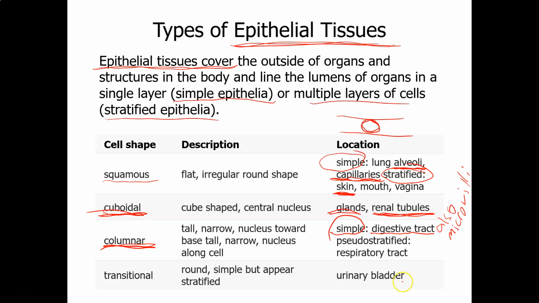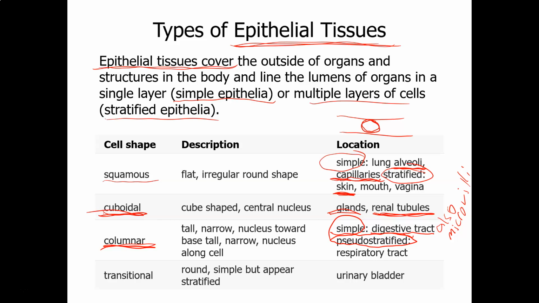And then we have pseudostratified, which is really not layers, but the cells are different shapes and sizes, so they appear layered. However, all of the cells in pseudostratified epithelial tissue touch the basement membrane or the bottom of the tissue.